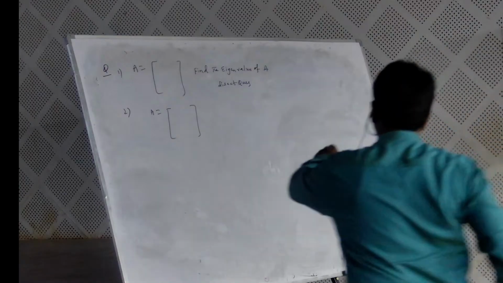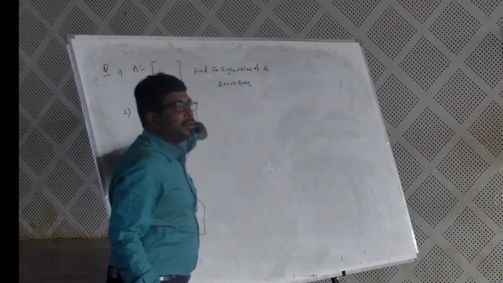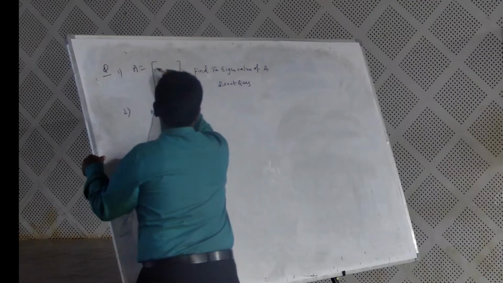But sometimes the question is not direct. A is given, and the elements are also given clearly, no doubt.